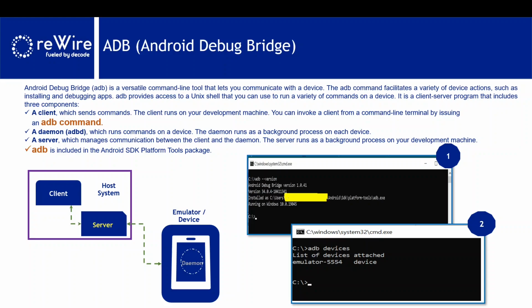So in order to talk with your app, you need to route through all these components. So they came up with this utility named the Android Debug Bridge, and it comprises three components: client, server, and a daemon service which is running on the emulator side.